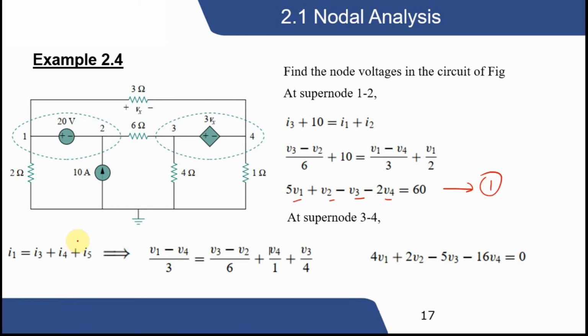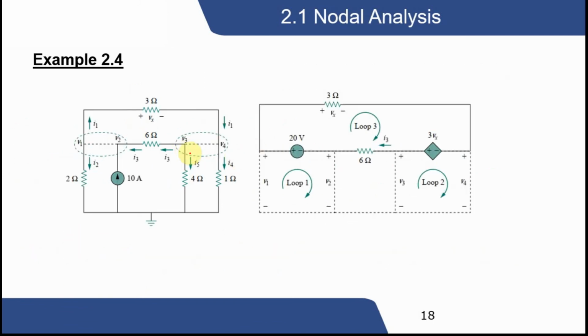Now applying at node 2, what are the currents? I5 is leaving, I4 is leaving, I3 is leaving, and I1 is entering only.